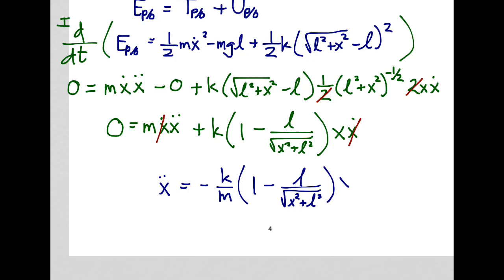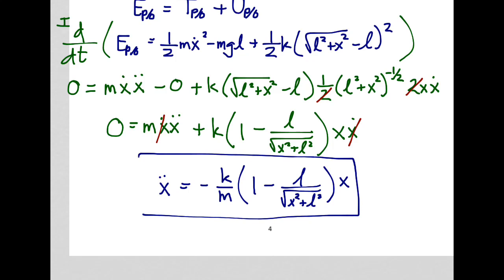And that entire quantity is multiplied by x. And this matches what our equation of motion is that we solved in problem 320, and we solved that before using F equals ma.